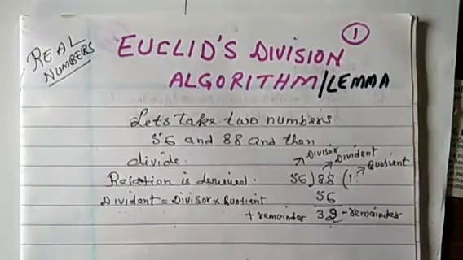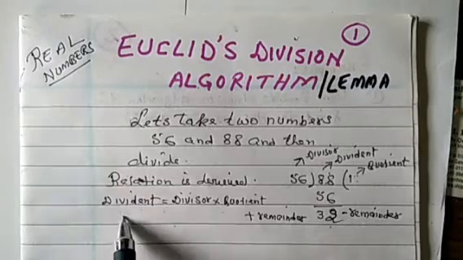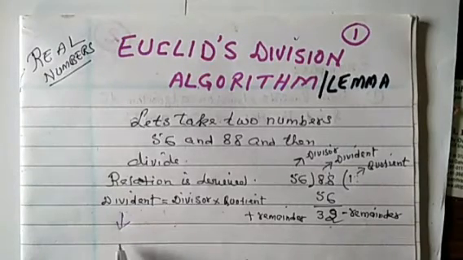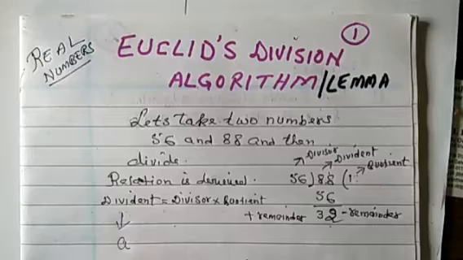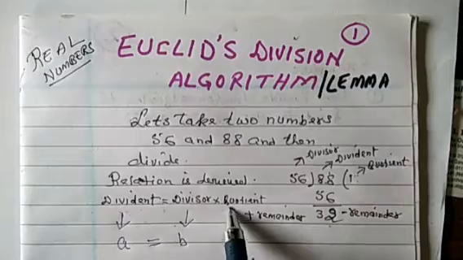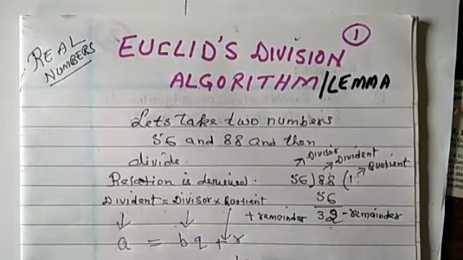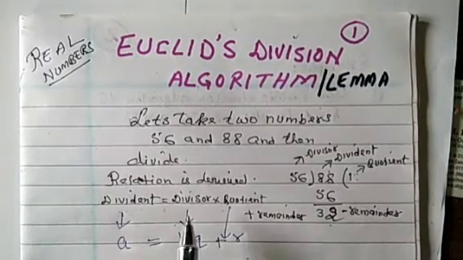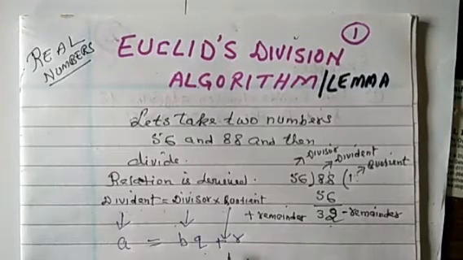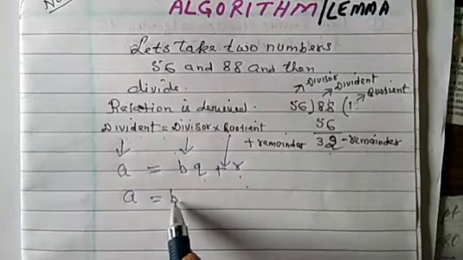Now Euclid took this into consideration. He denoted the dividend by A and the divisor by B. The quotient he denoted by Q, and the remainder by R, plus R. So the dividend is A, divisor B, quotient Q, and the remainder is R only.